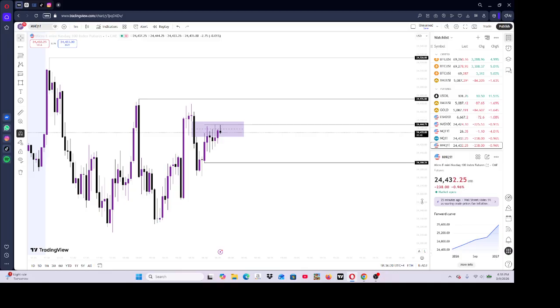If this candle closes above this, I would love to go high.